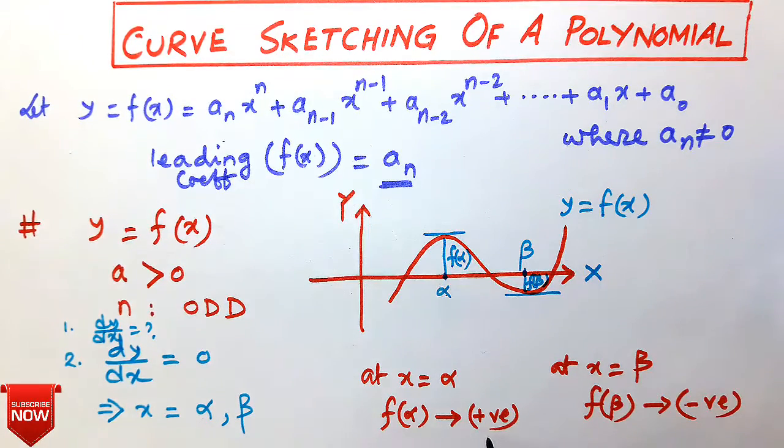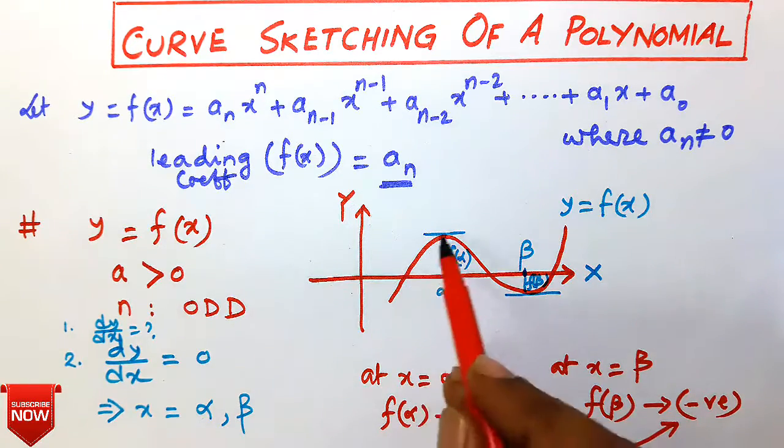So you see that the sign is changing from positive to negative. Whose sign? The values of fx actually. First value of fx is f alpha, second one is f beta.